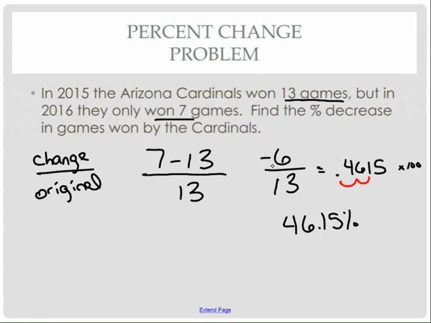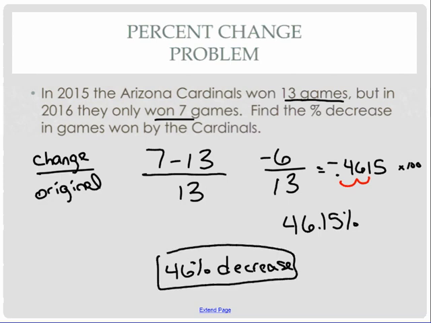Look, I know this is going down. So I will say this is about a 46% decrease. I need to make sure to label it. 46% decrease in the number of wins. Okay.